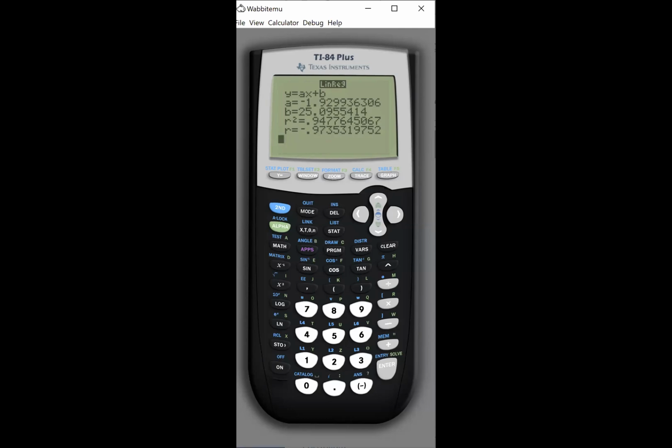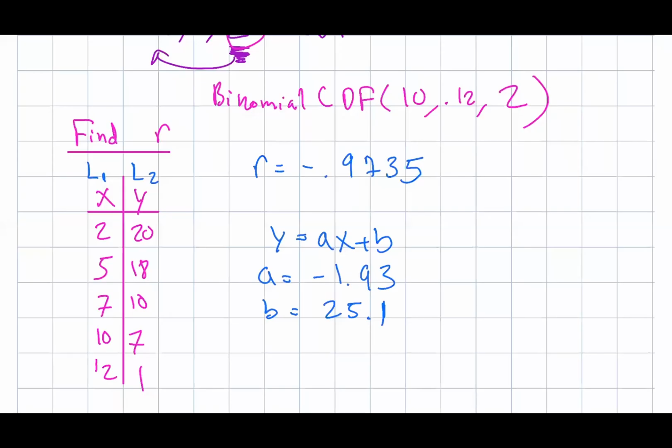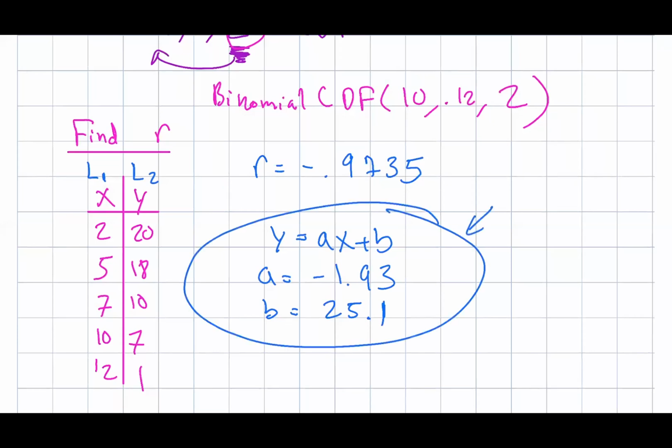So let me transition over to my notes. This is what the calculator gave us. When the calculator gave us this, it gave us the linear model, or the least squares regression line.